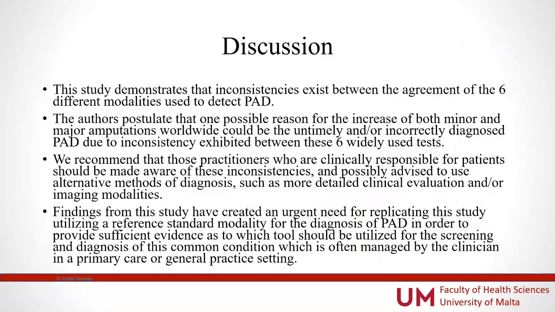We therefore recommend that practitioners should not rely on the use of only one testing modality, but should use more than one test. And when inconsistencies between testing modalities occur, then obviously one needs to try to find other tools and other gold standard methods in order to determine whether or not that patient actually has PAD and, most importantly, the severity of that PAD.